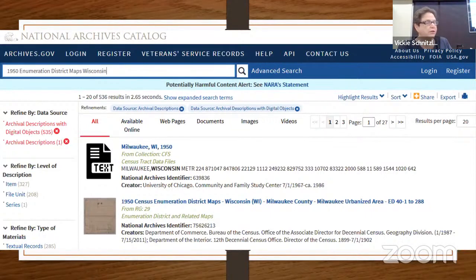So say, for example, if we were trying to find people in Milwaukee versus trying to find people in Granton, there's a big difference. There's a lot more enumeration maps for Milwaukee, and I think there's like 288 for just Milwaukee alone.